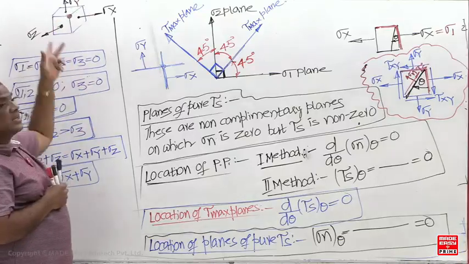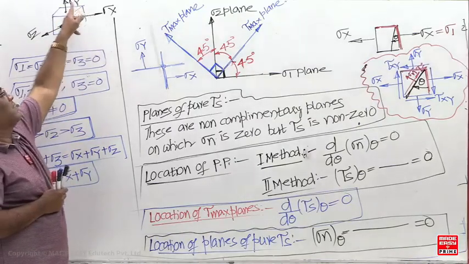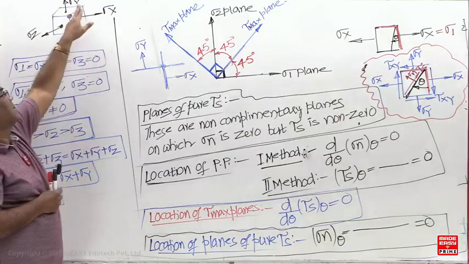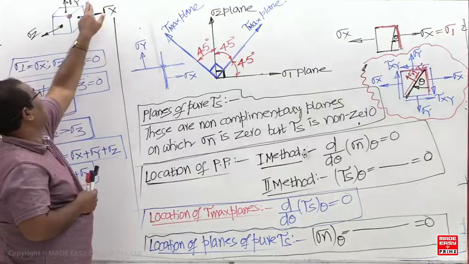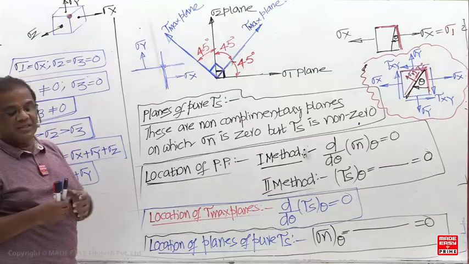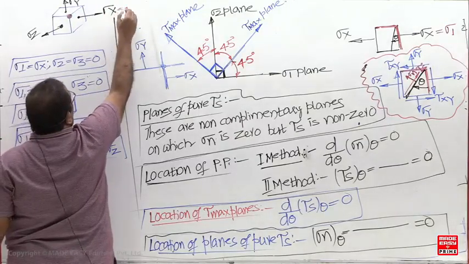Now directly these three stresses are called the principal stresses. Suppose sigma x is greater than sigma y is greater than sigma z. Then this will be sigma 1, this is sigma 2 and this is sigma 3. All the planes pass through a point.